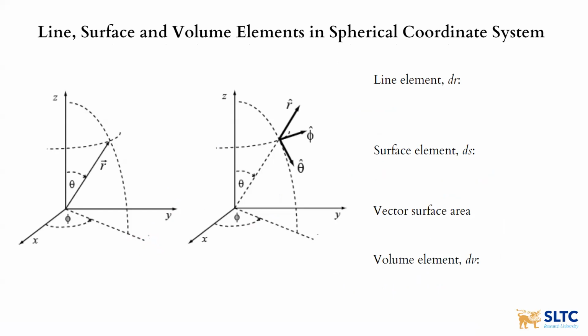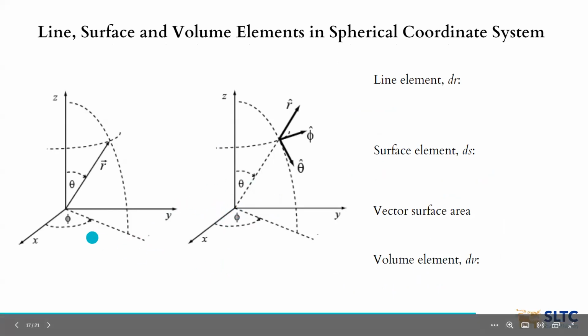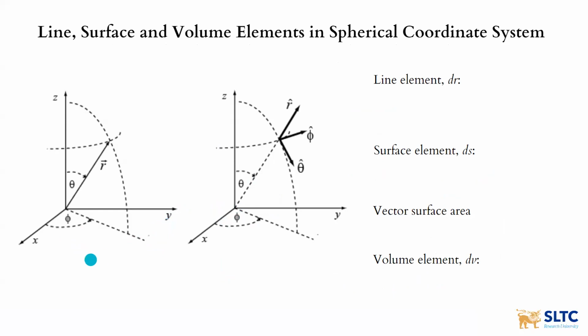As usual for the coordinate systems, we can define the line element, surface element, vector surface area element, and volume element of a coordinate system. For the spherical coordinate system, we have the setup like this. We have the angle that we measure from the x-axis towards the location that we are considering.